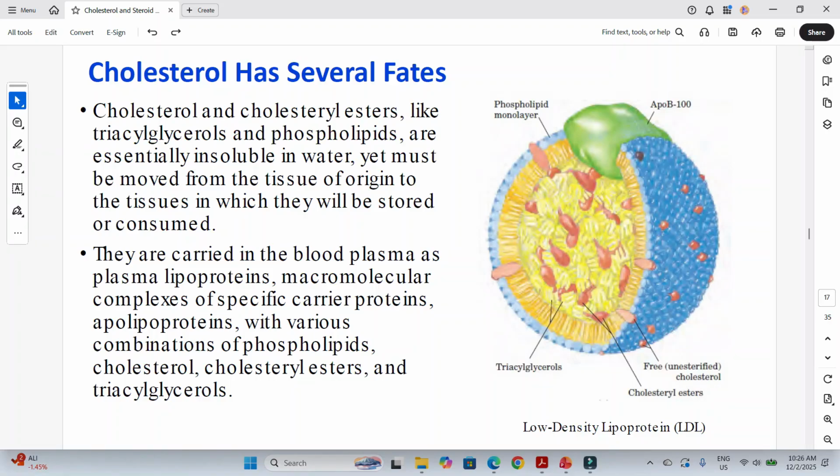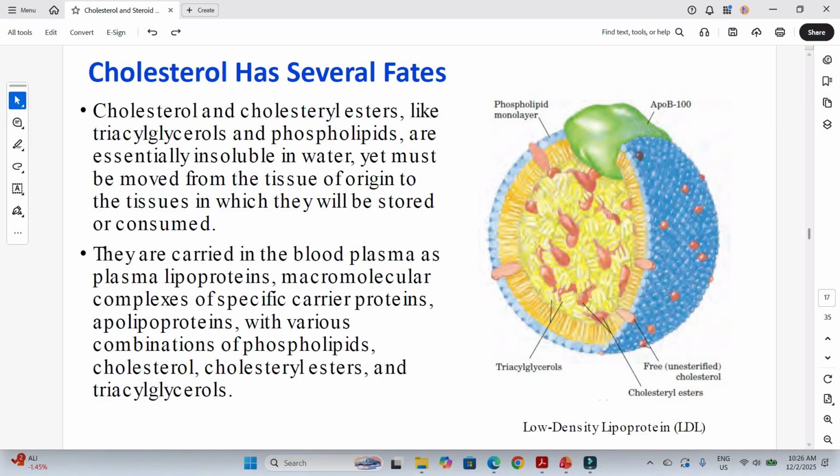As we mentioned here, they are carried in the blood plasma as plasma lipoproteins, which are macromolecular complexes of specific carrier proteins, apolipoproteins, with various combinations of phospholipids, cholesterol, cholesterol esters, and of course, triacylglycerol.